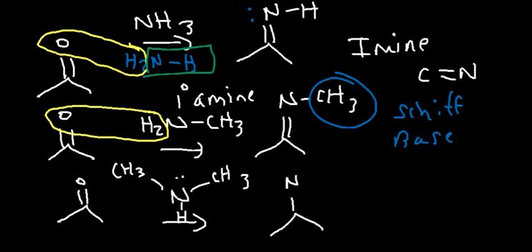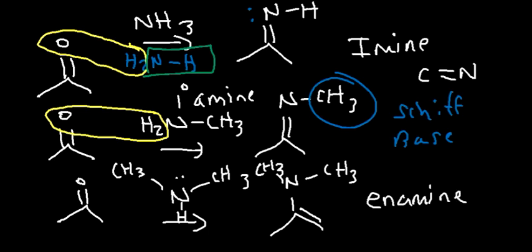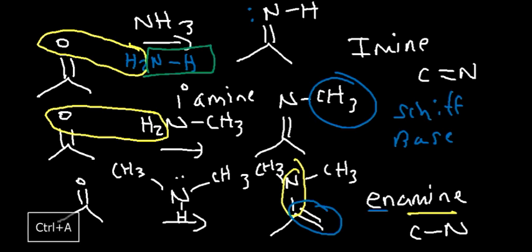What you're going to get instead is known as an enamine, which looks like that. So as you can see, a carbon single bonded to a nitrogen, which we have here, is an amine, and we also have an alkene, so thus we have the en part of the molecule.